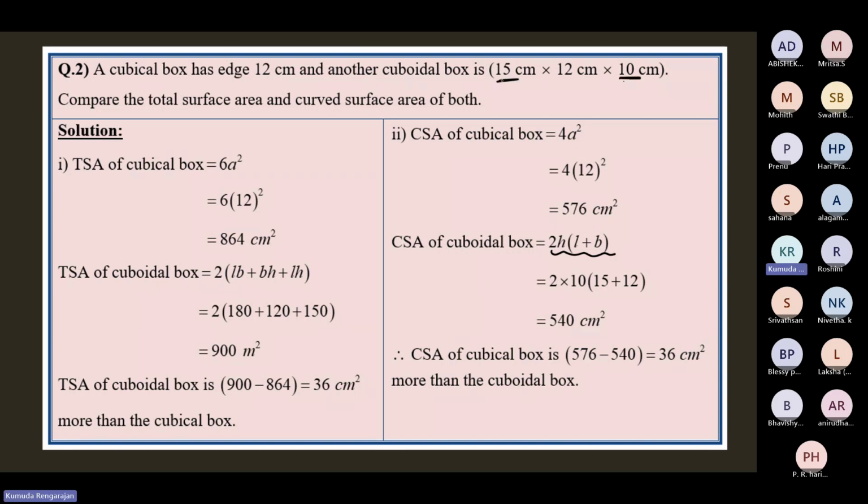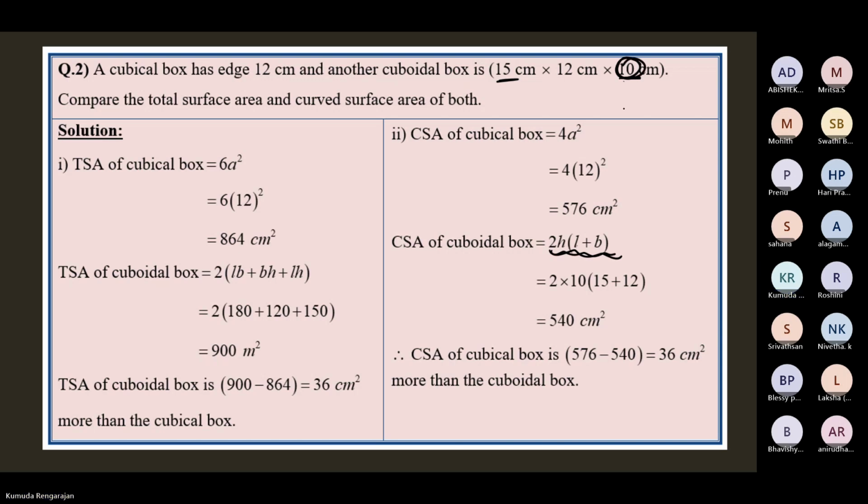By mistake, if you put 15, you will not get the correct answer. 2 into H, H is 10, into L plus B, 15 plus 12. This is length, this is breadth, this is height. So substitute carefully, and we get 540.